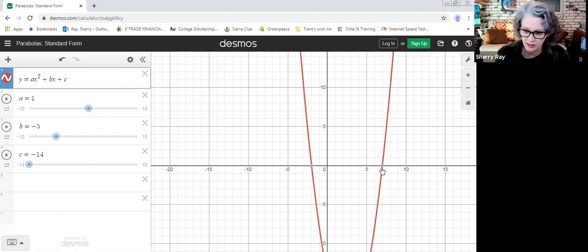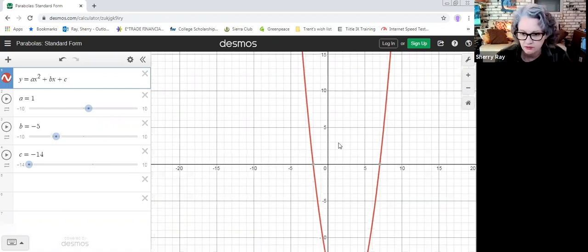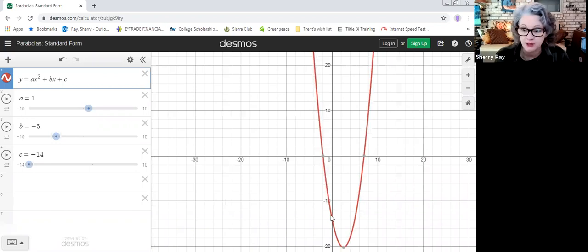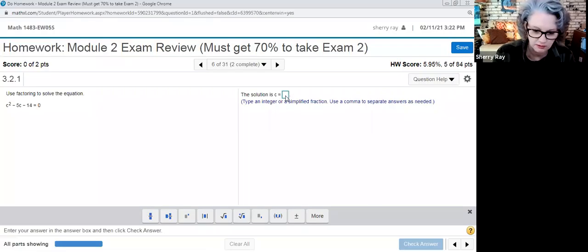The other one's at 7. You can also, if you needed to, locate the vertex and the y-intercept. That might really help you out when you're doing your test, the Desmos calculator. So my solution was negative 2, and the other x-intercept, 7, I think.